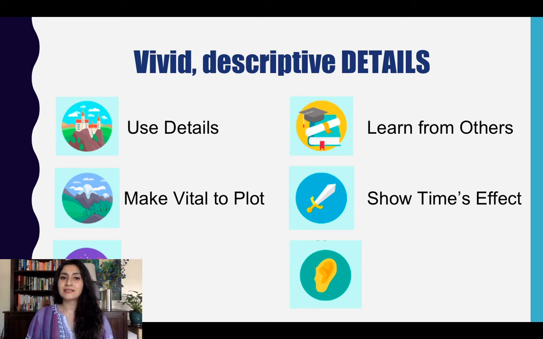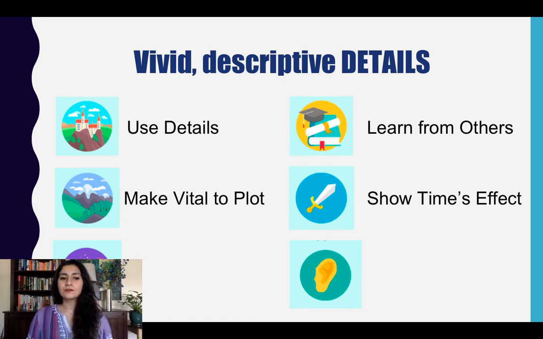Show the effect of time. You can only use your words to convey time's effect. So use descriptive details to do that. When Tolkien wrote in Lord of the Rings about the Hobbits returning home, he used details to describe how the Shire was facing new struggles now, right?